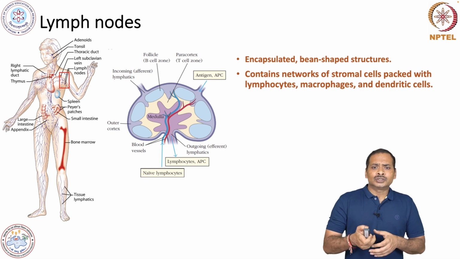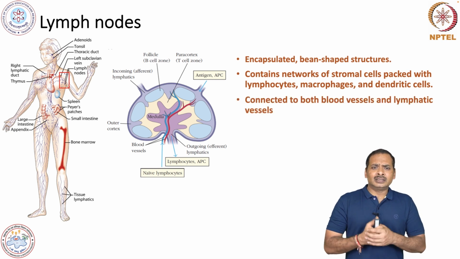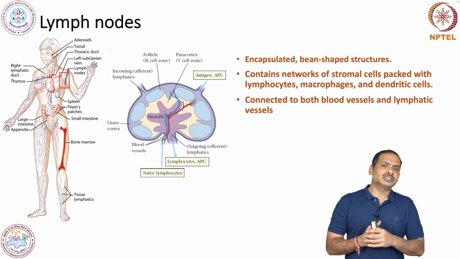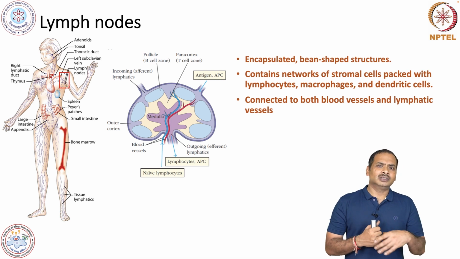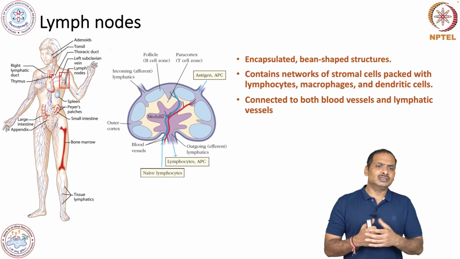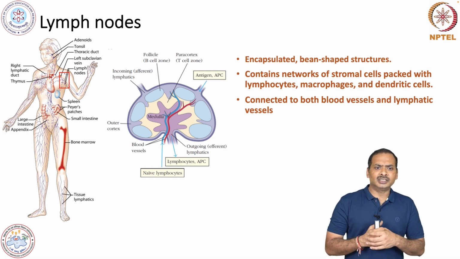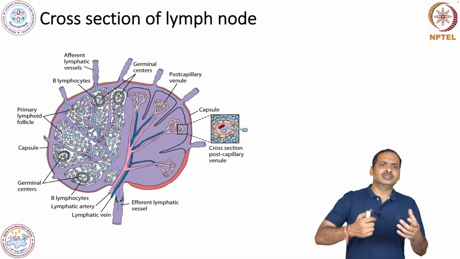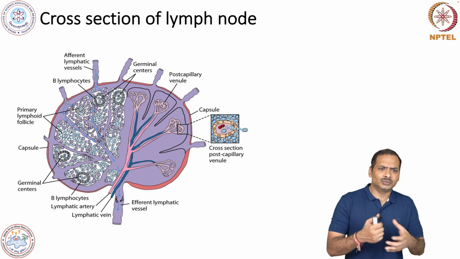This lymph node also has blood vessels, and these basically provide oxygen and nutrients. Both arteries and veins are there. Here is a cross section of the lymph node with more detail.